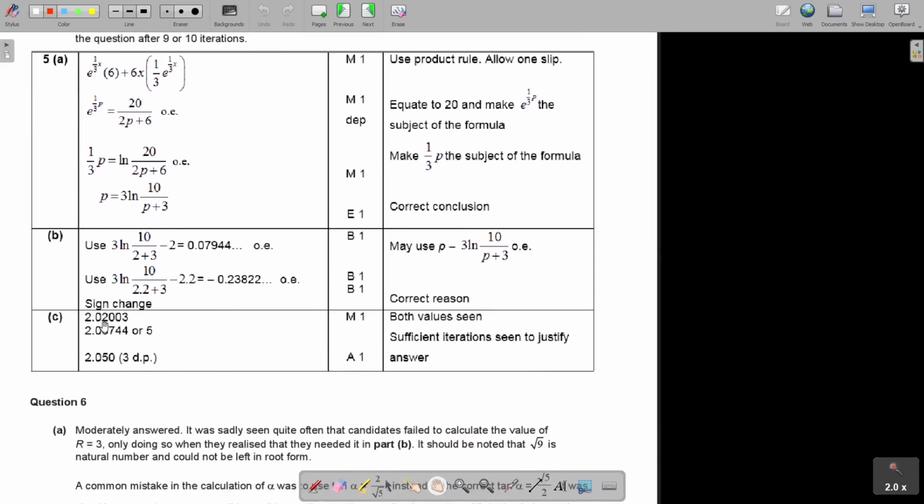And then it was just given all this, both values seen, 2.20, and then it's just going on to that. And then this was the final answer, 2.050. And that was question number 5.